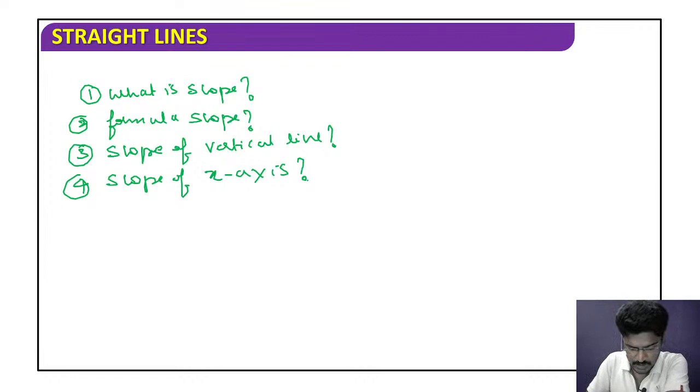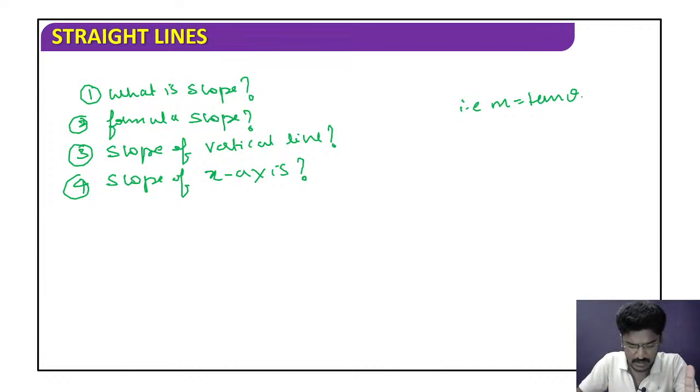Very good. The angle made by the line with x-axis in the positive direction, that is m equal to tan theta. Shreya, please see, you complete your answer with that is m equal to tan theta. Don't only write the angle made by line with x-axis.